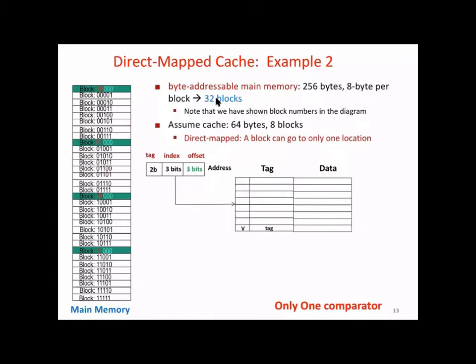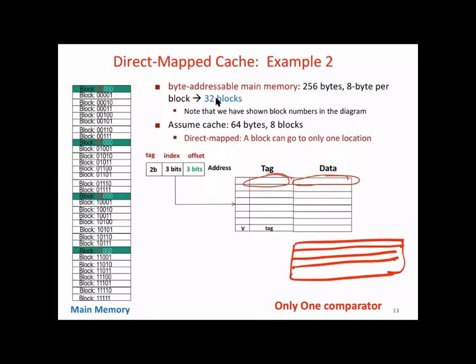Oh, the tag is not counted. See, what happens is that I am showing the data element, the block, and the tag together. Actually, the data store and the tag store are different. Because the data store has continuous data items, it cannot have a tag in between. In fact, I created this diagram for simplicity.